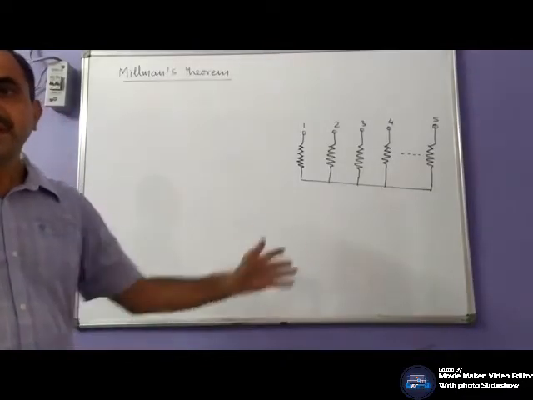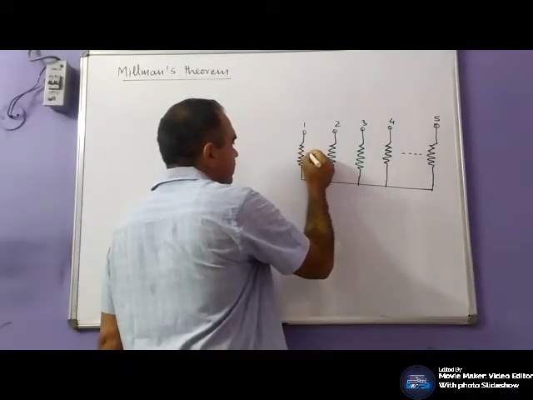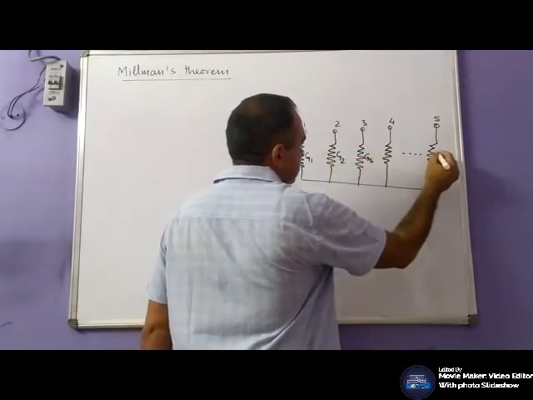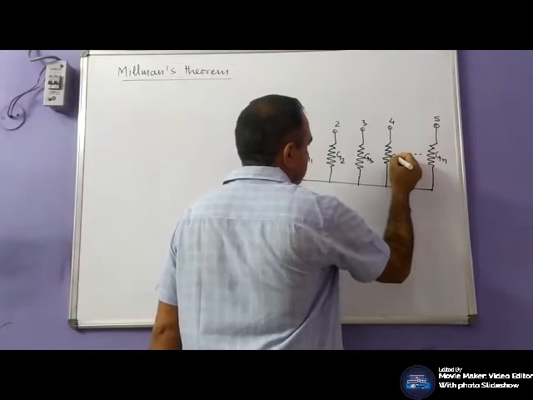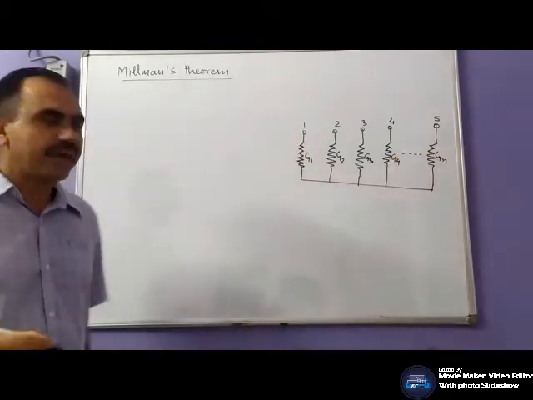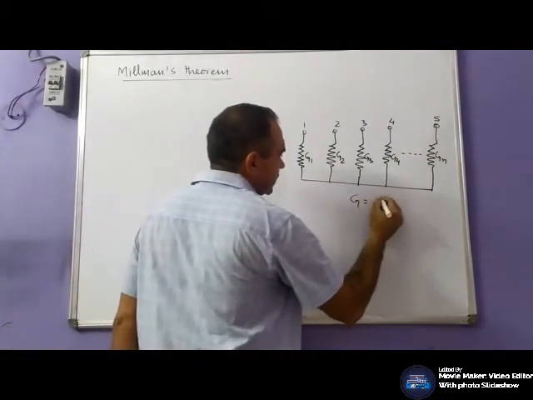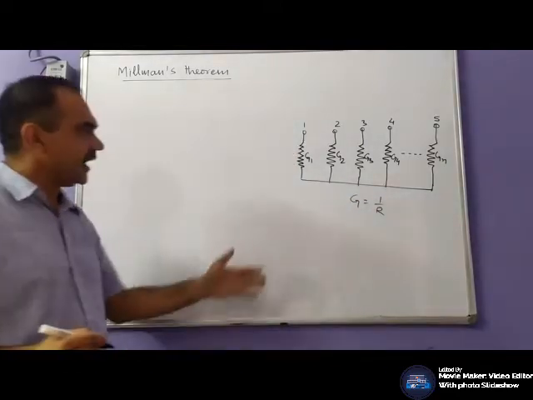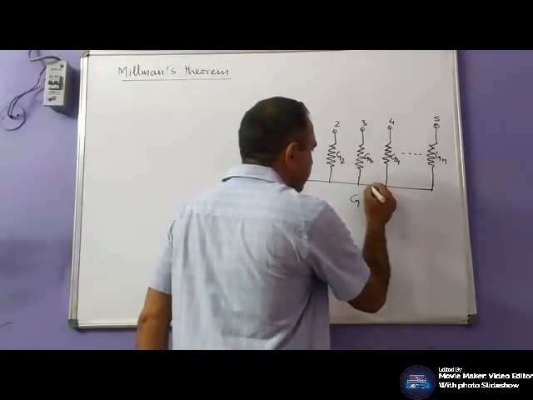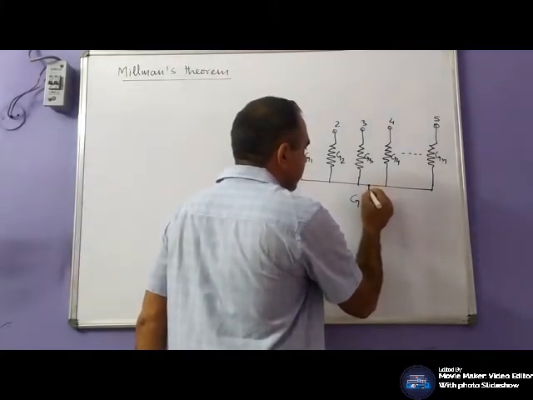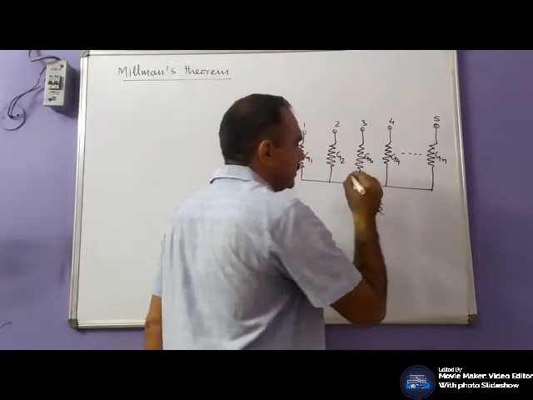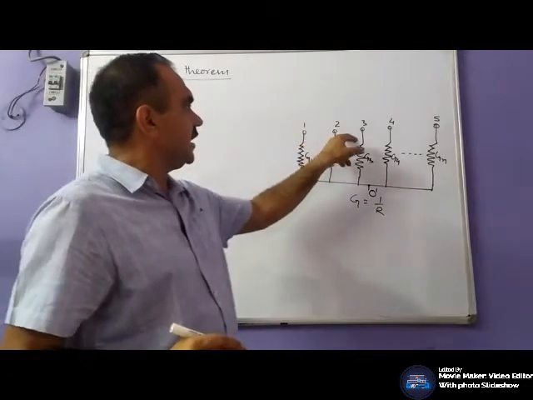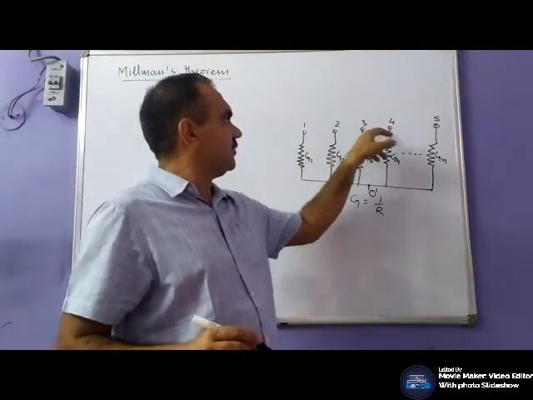Let we have n number of resistances, or we can say conductances, where conductance is the reciprocal of resistance. All these resistances are connected at a common point 0 dash. Another terminal is 1, 2, 3, 4, 5.